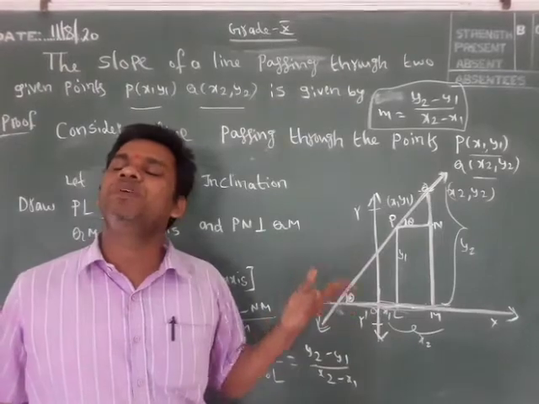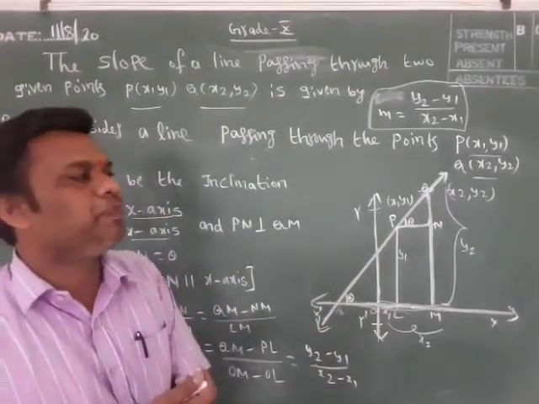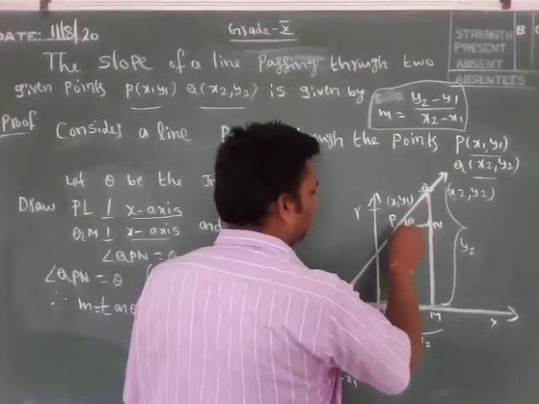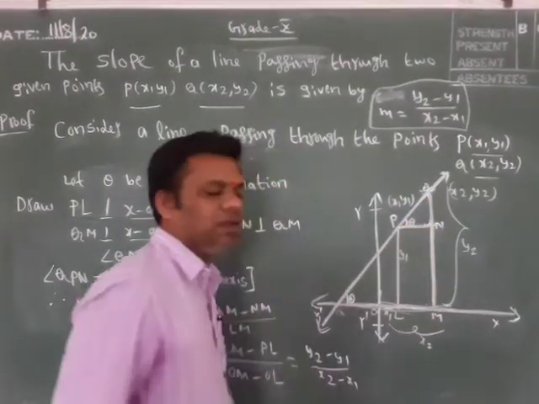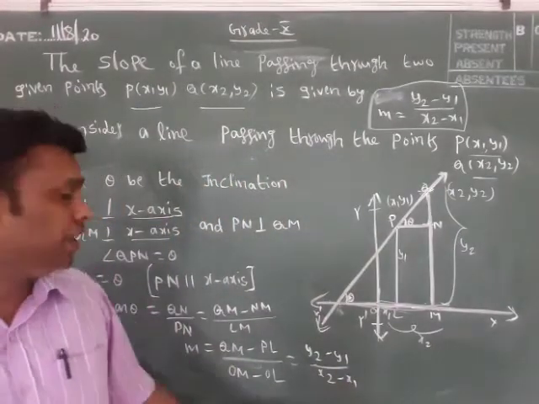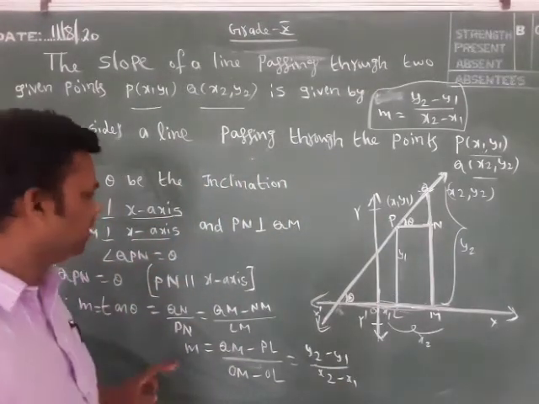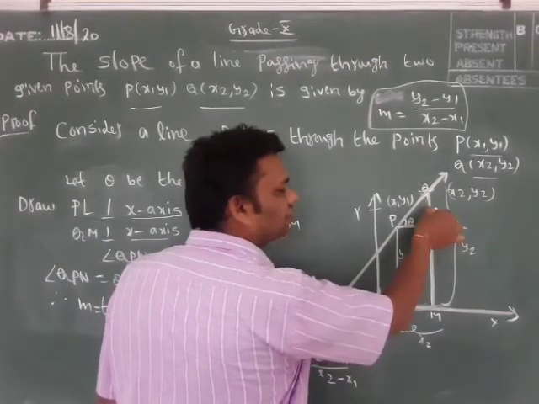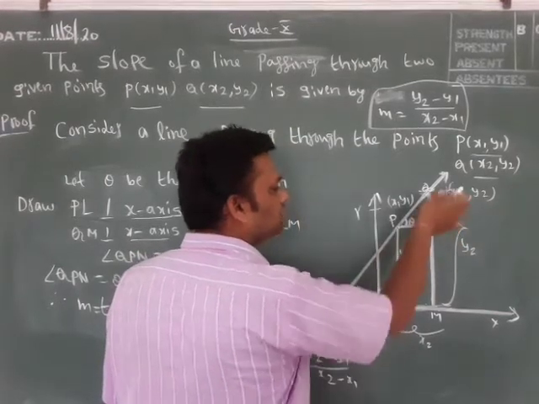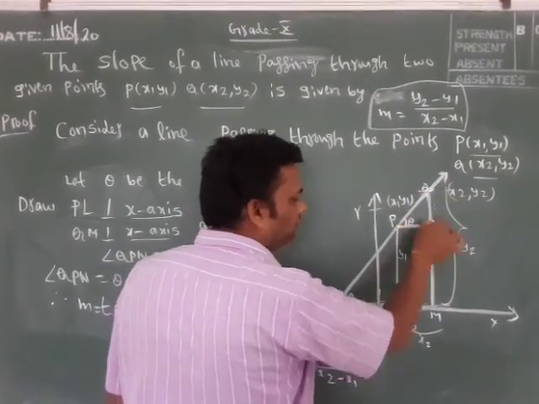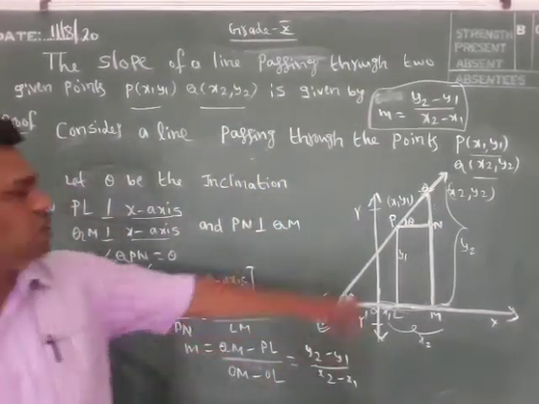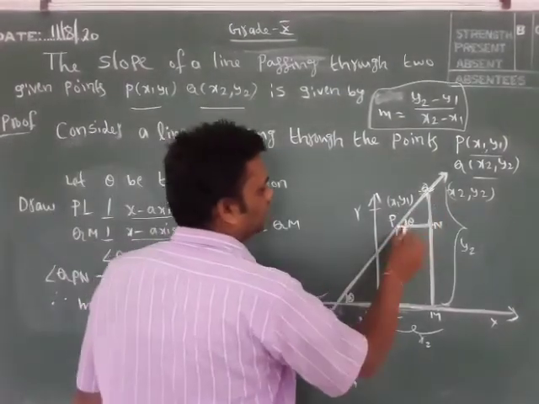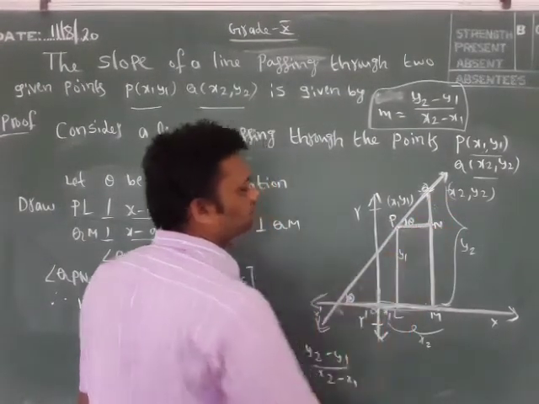From the triangle, tan theta is opposite upon adjacent, which is QN upon PN.